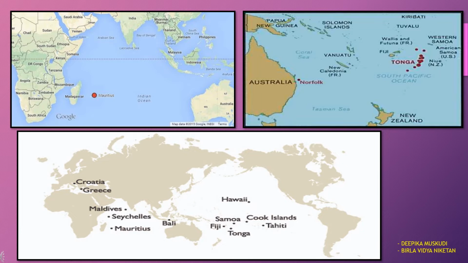Now, in order to locate them precisely, we can find out how far east or west these places are from a given line of reference running from the North Pole to the South Pole. These lines of reference are called meridians of longitude.